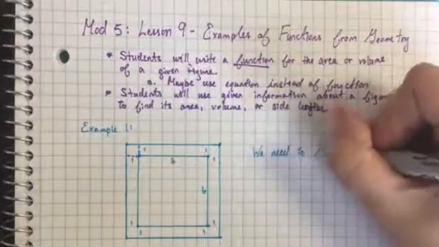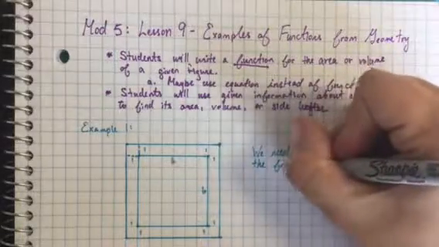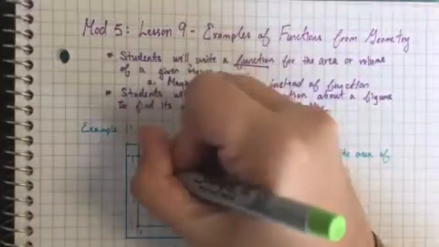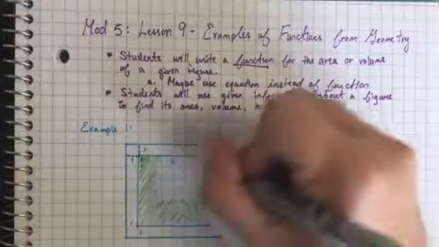So if we need to find the area of the picture frame, let's start with the blue square, or the outside of that particular picture frame.